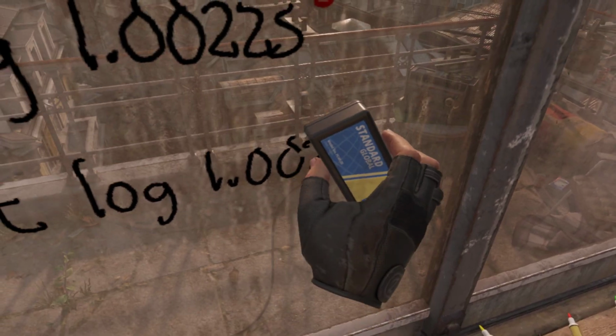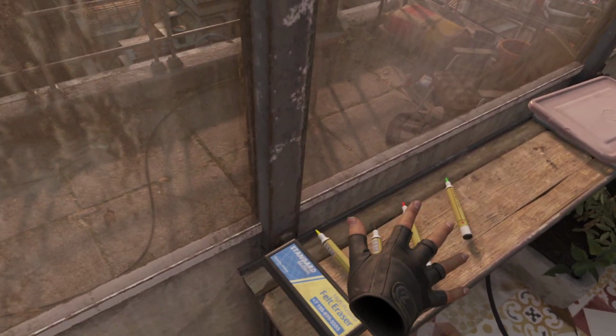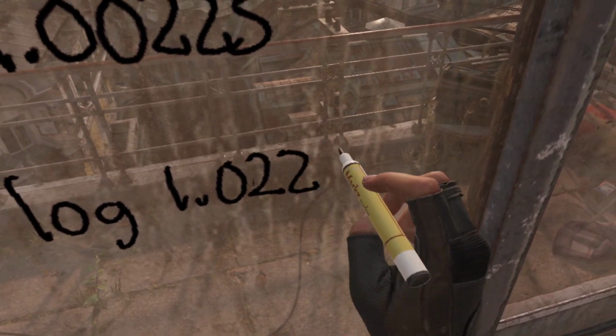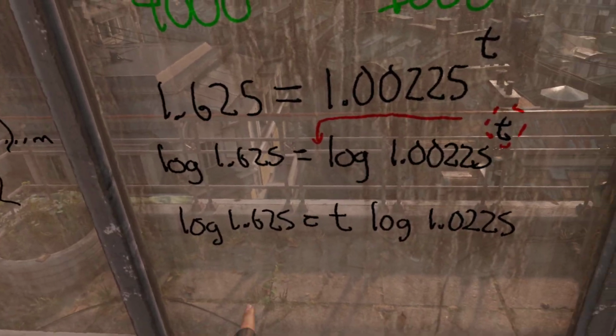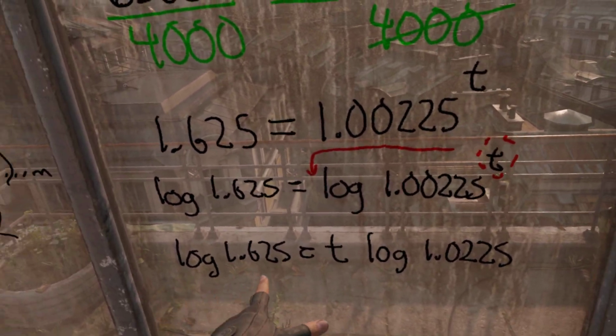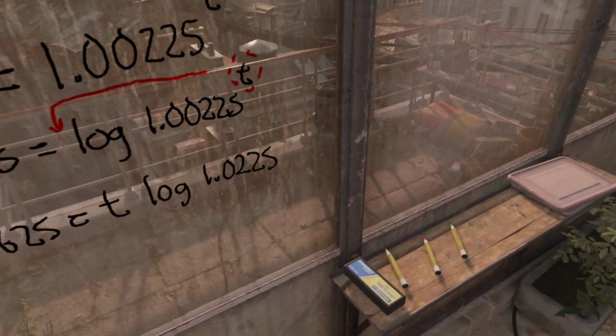Hold on. Get rid of that. 1.00225. Now, if you look at our equation now, you will see we no longer have any exponents in our equation. It's all multiplication. And that's exactly what we want to be able to solve this.